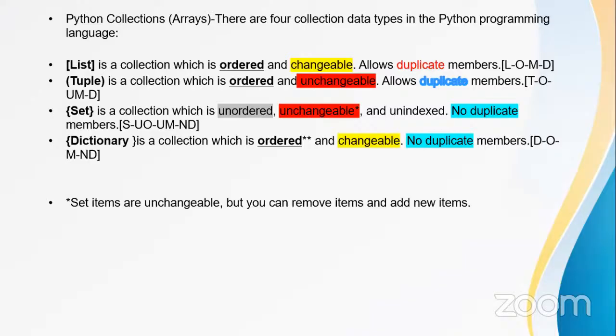Now, a set is a collection which will not be in order, maybe in any order, and unchangeable, and does not allow duplicates. You take a set as a team of players. It is not changeable and there is no duplicate here, but anybody can play in any order. Set is nothing but a team.